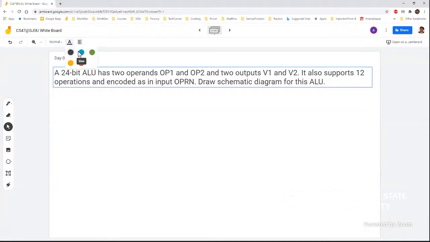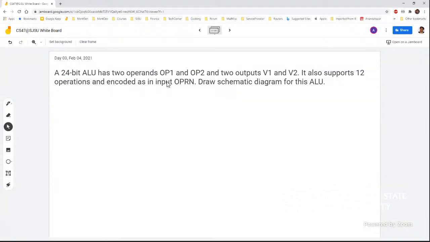Anyway, it's a 24-bit ALU, has 2 operands, OP1 and OP2, and 2 outputs, V1 and V2.